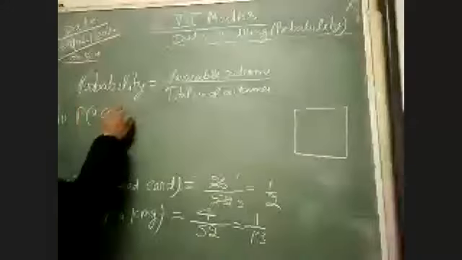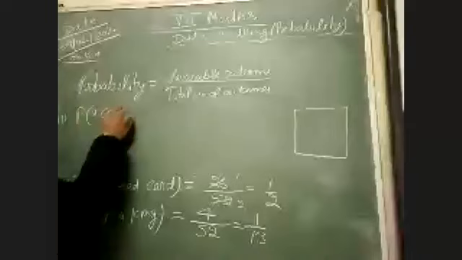In the third part you have to find the probability that a card is a spade, and there are total 13 spade cards. So favorable outcomes will be 13 and total number of outcomes are 52 because total cards are 52. So this will become 1 by 4.